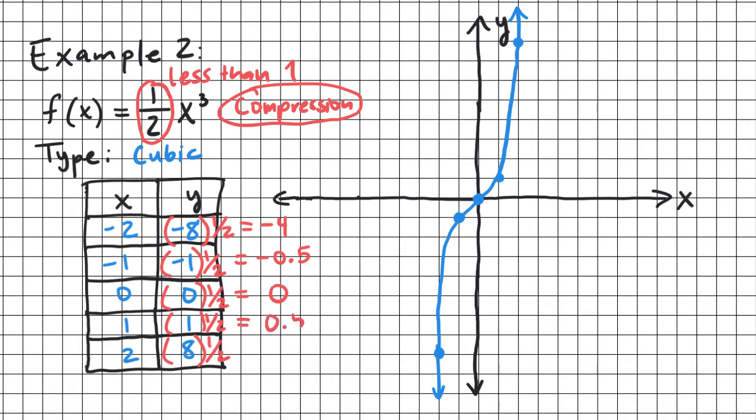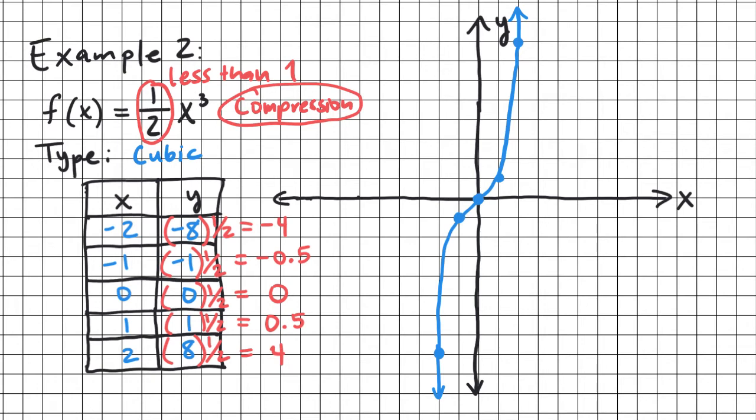It's positive 1/2, 0.5. And I'm going to show you why I'm writing these in decimals, because we're going to plot them on the graph. And then the last calculation, what is 8 times 1/2? What's half of 8? That's 4.